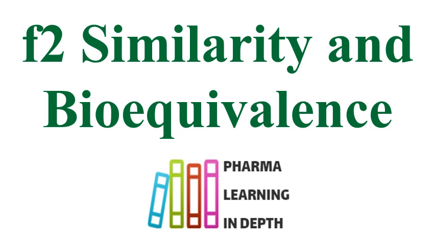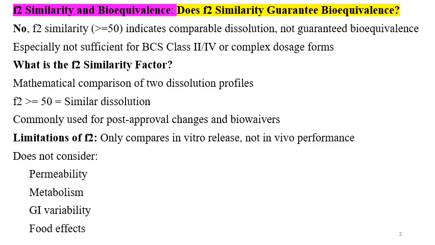So F2 similarity is not a guarantee to meet the bioequivalence. Then why do we need to calculate it? Because the dissolution test is an in vitro test, or you can say a performance test, and if the dissolution profiles are similar, there are high chances that the product will meet the bioequivalence requirement.